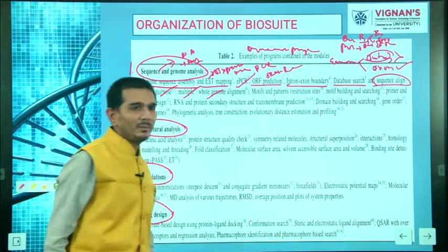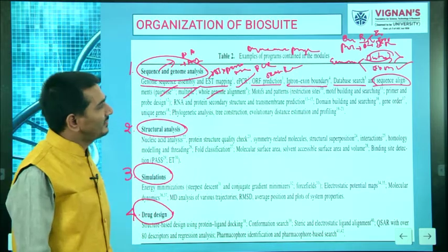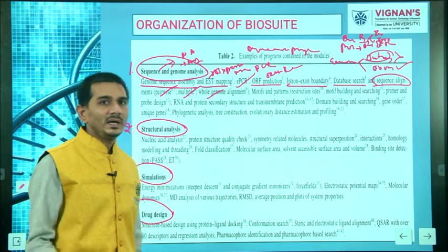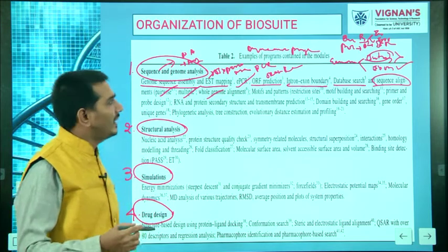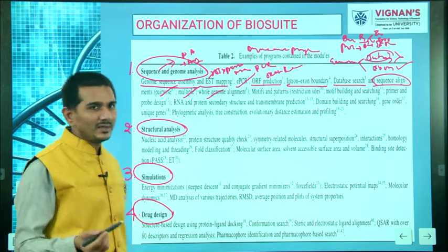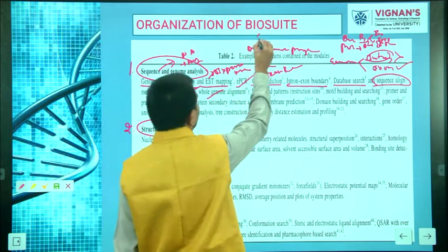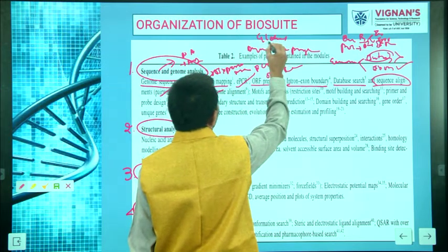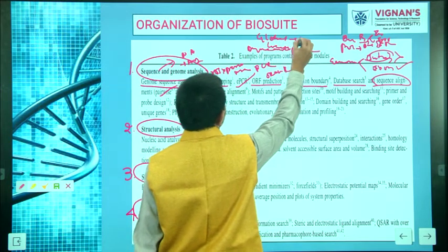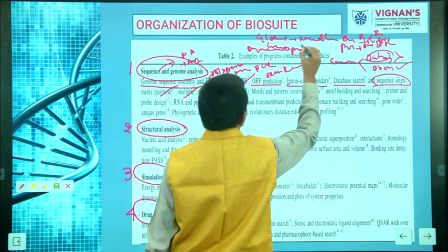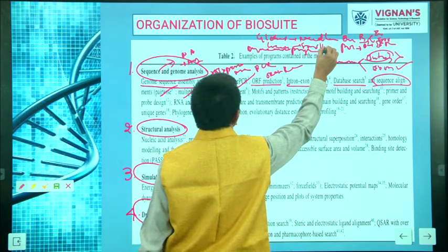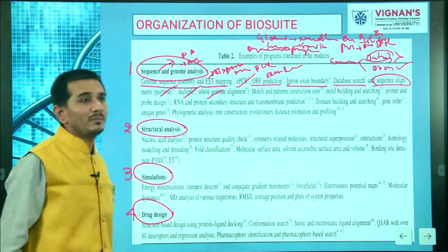Dynamic programming is defined as alignment of a pair of sequences either globally or locally using the Needleman-Wunsch algorithm or Smith-Waterman algorithm.